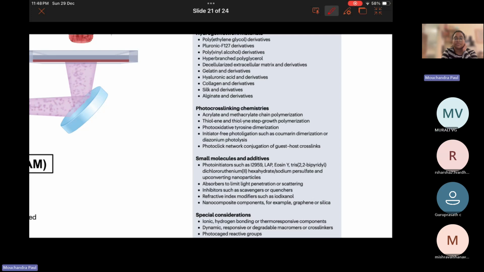Then you can also add some nanocomposite components, okay, like silica, graphene. Again, they can either improve the optical properties, or they can improve the biological properties of the bioink. But the main two things that are added are the photoinitiator and the photoabsorbers. Okay.